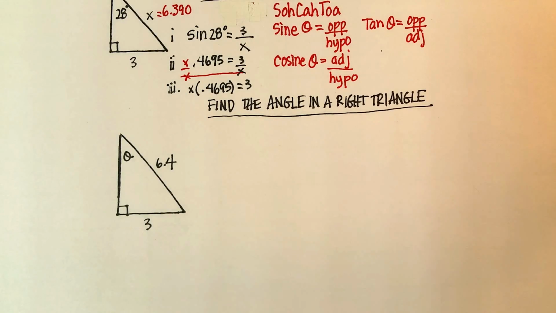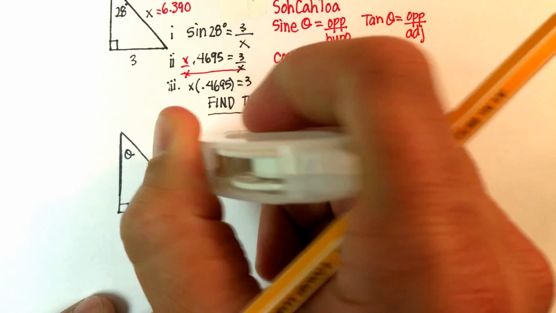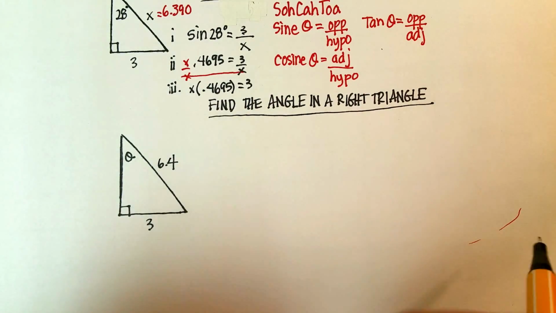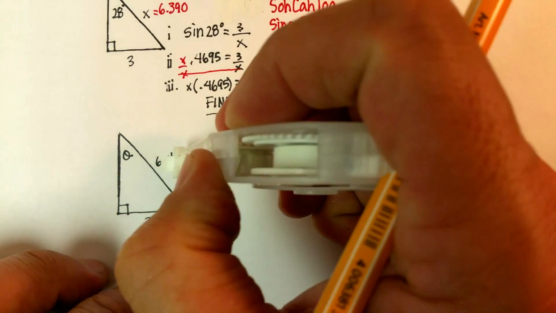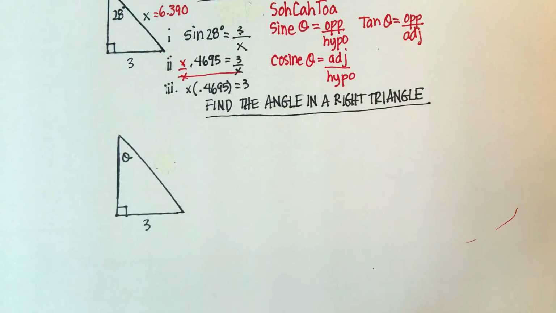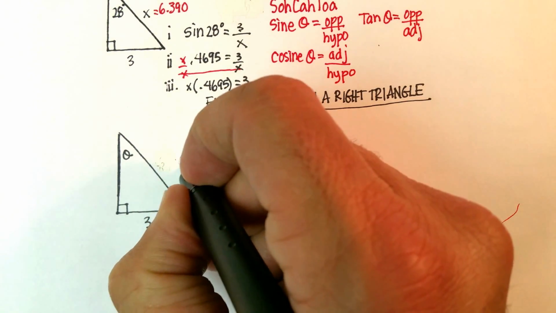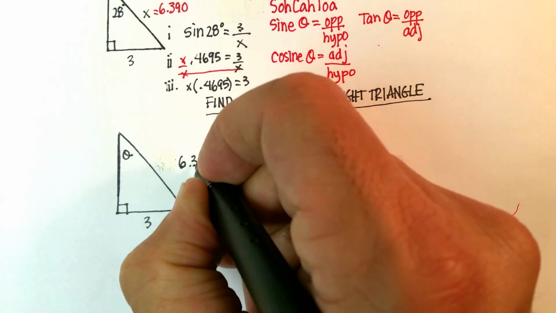Let's make it exactly 6.390. So I'm going to erase that. There we go. Just do a quick erase. And I'm going to call that 6.390.